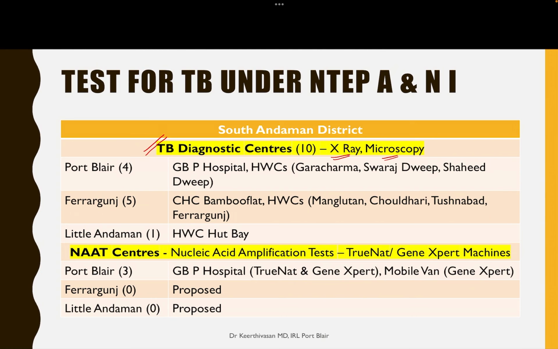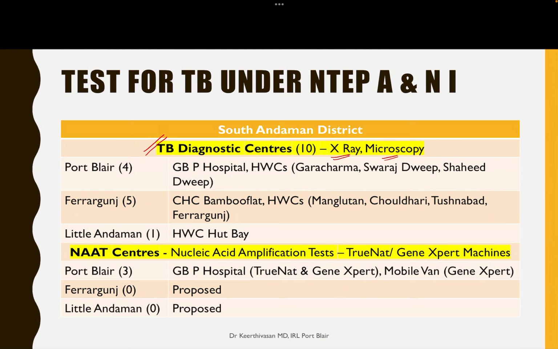So we move on to our next test, that is microscopy. Most of you are aware of this microscopy staining technique, that is acid fast staining. Other than that, we also have another technique called fluorescence staining where we use auramine-phenol. Fluorescence staining we have in our district headquarters, whereas in our peripheral centers we have acid fast staining.